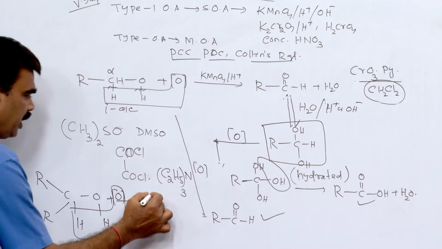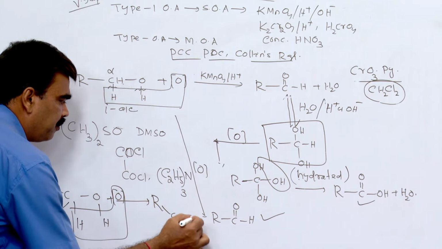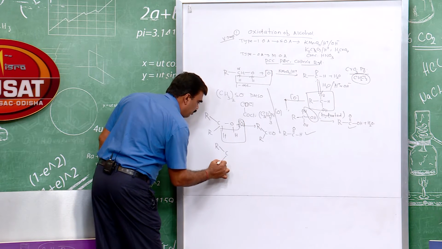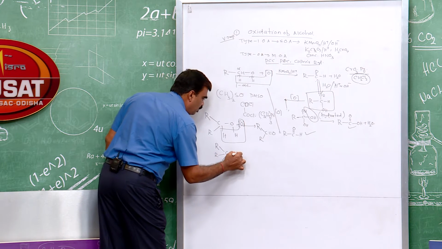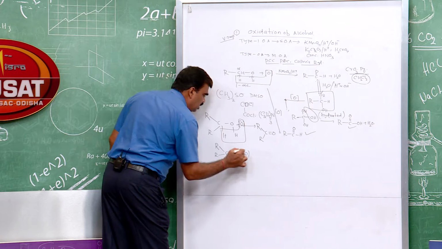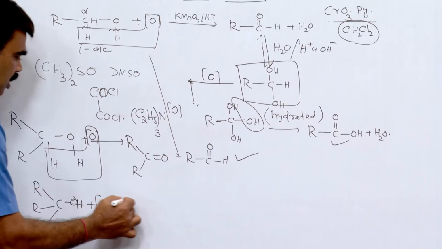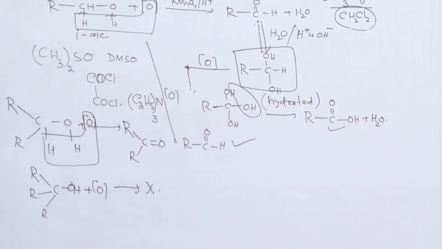So it will give you ketone, ठीक है। And a tertiary alcohol is highly stable and does not respond to this oxidation because it does not contain any alpha hydrogen. Tertiary alcohol does not respond to this test.